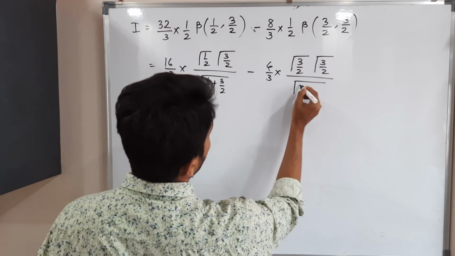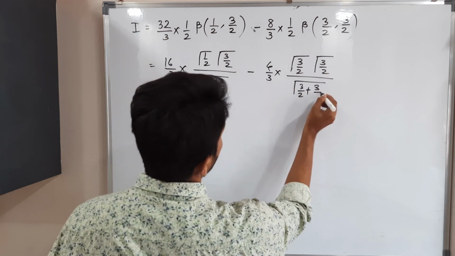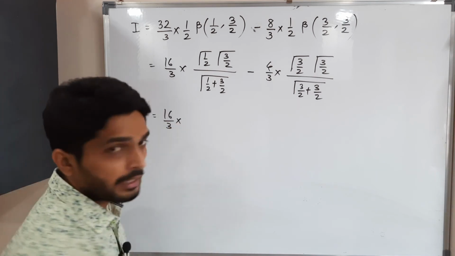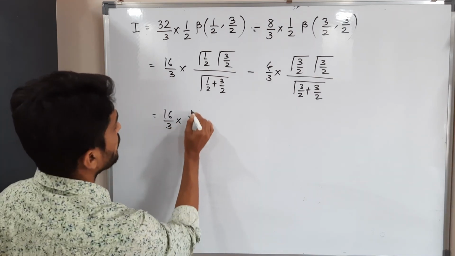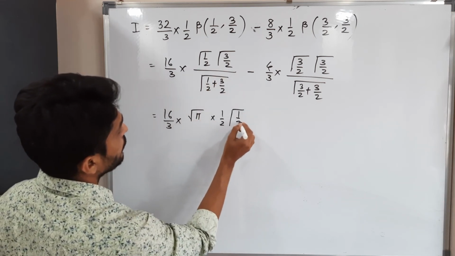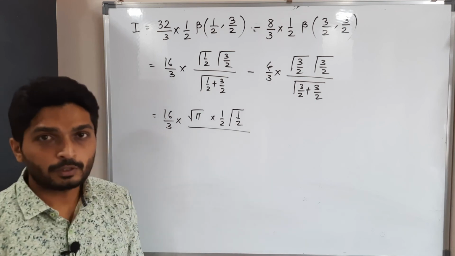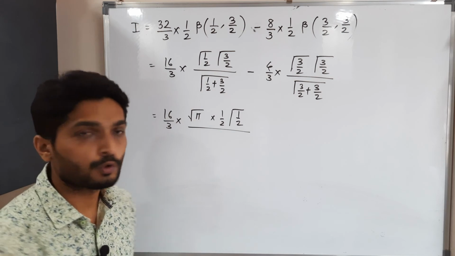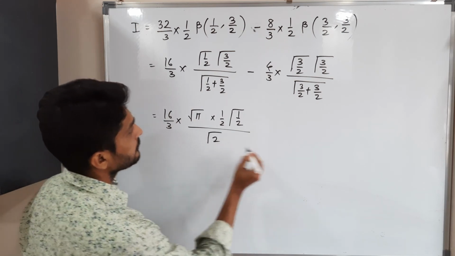In denominator we will add 3 by 2 plus 3 by 2. So this is 16 by 3. Gamma 1 by 2 is root pi. Okay. Gamma 3 by 2 means 1 by 2, gamma 1 by 2. So 1 by 2 plus 3 by 2, 4 by 2, that means gamma 2.